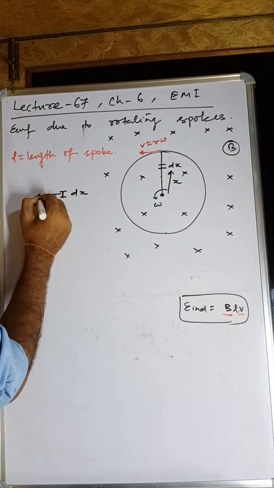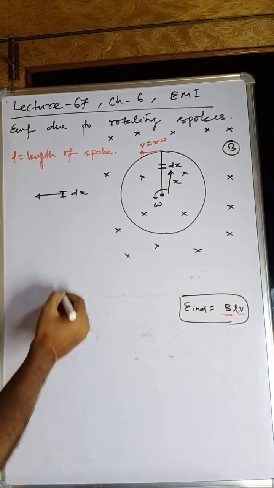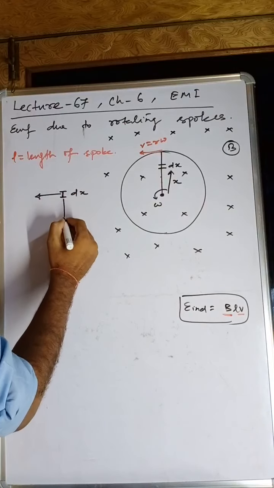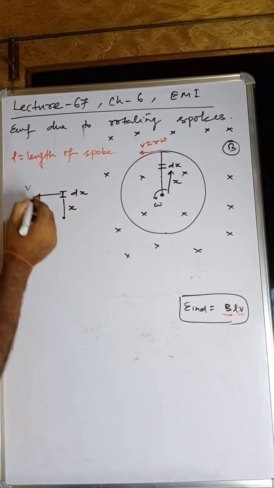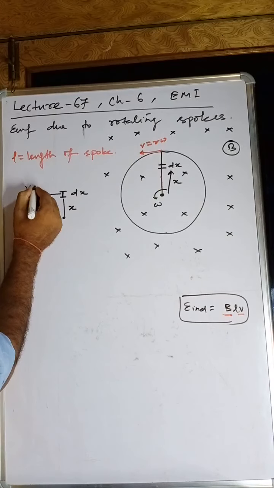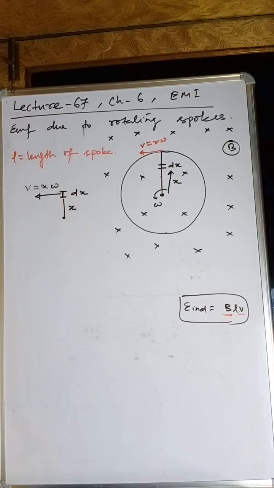Be careful. What will be the velocity of this element, my dear students? Since it is at a distance of x, the velocity of this elemental spoke will be V equals r omega, and r here is x, and omega for each element is constant, so it will be x omega.